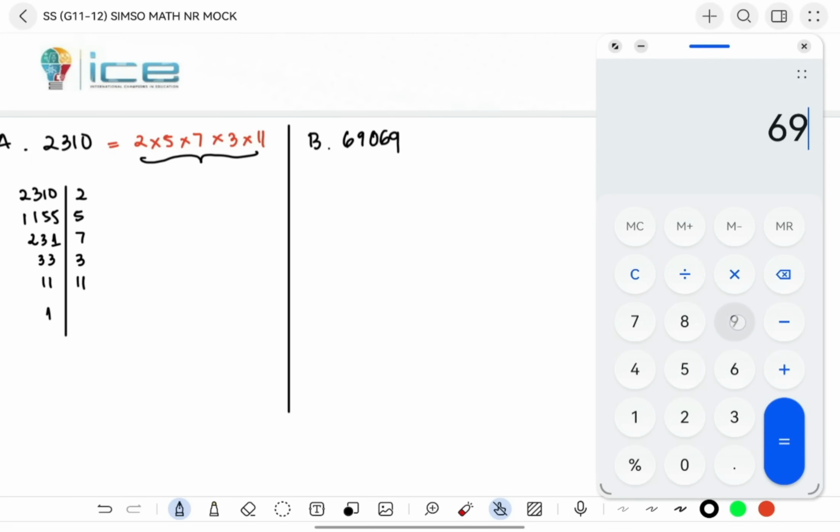69069 divided by 3, divided by 7, divided by 11, then divided by 13.